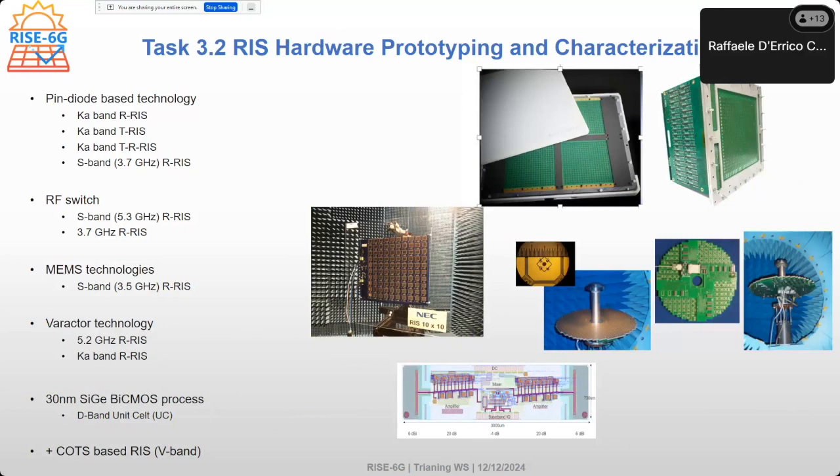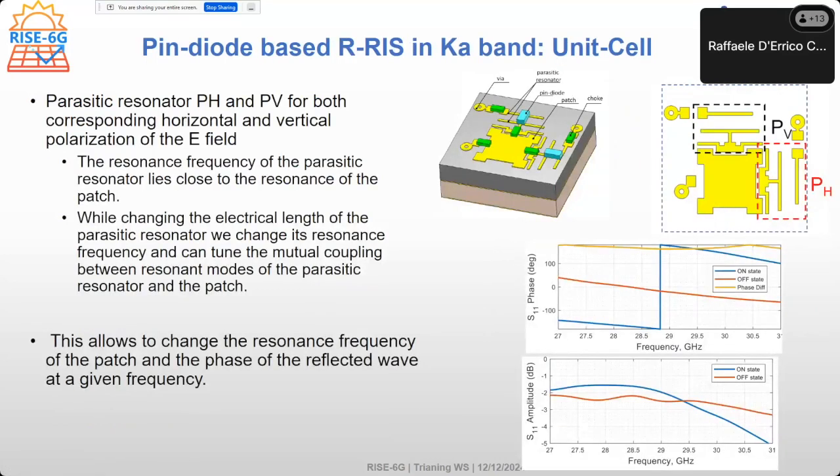And what is interesting is that we address a very large span of frequency from UHF up to the D band, where in the D band we also investigated some BiCMOS process for unit cell design. So just to give a short overview on some of them, this was one unit cell that was designed by Guerrilla Wave in the K band.